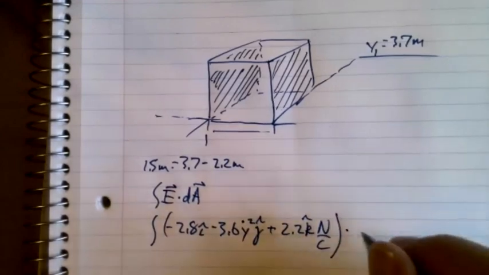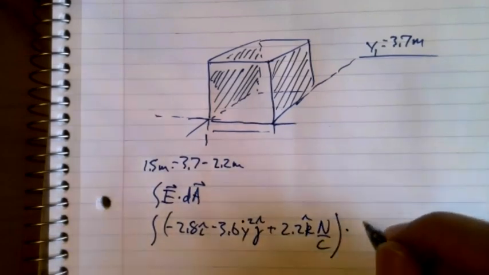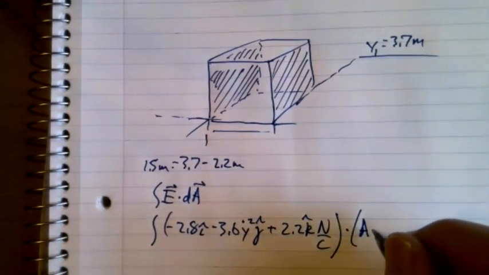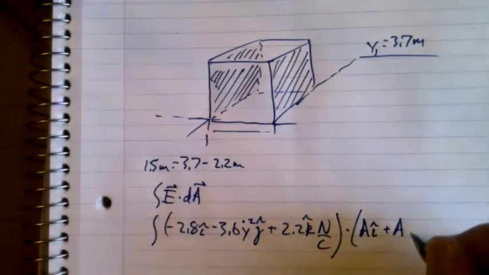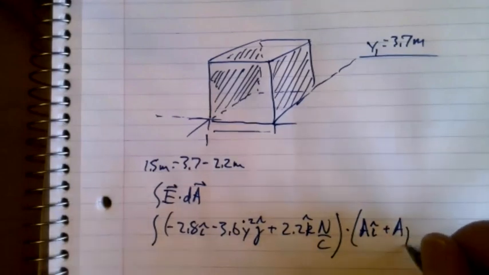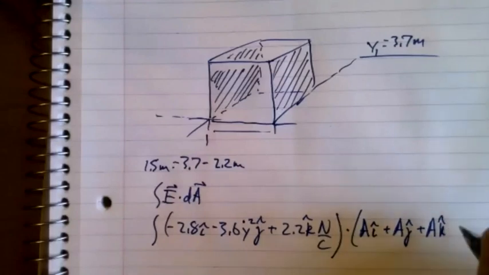This is going to be dotted with my normal vector, which is a times i hat plus a times j hat plus a times k hat.